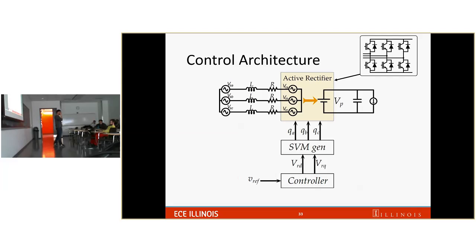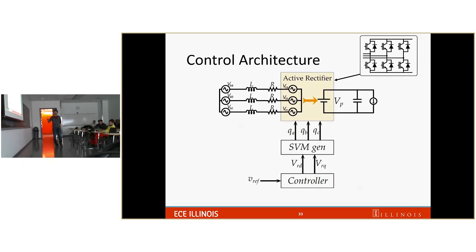But if we think more conceptually, the active rectifier is like a power conversion device. It converts AC power to DC power. The control knobs I have on the active rectifier are three switching functions, QA, QB, QC, to control the switching of the IGBTs.